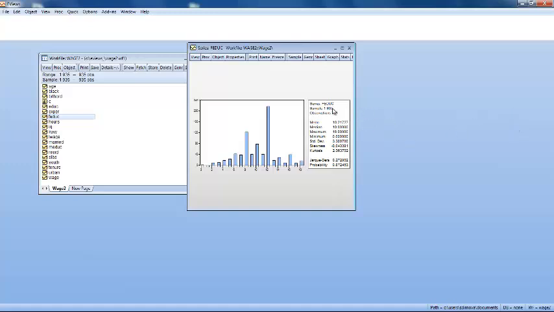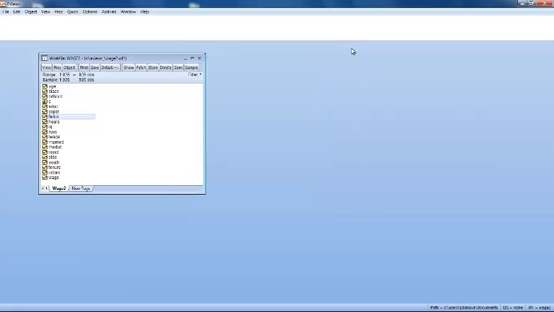For this particular series, we don't see any strange maximum and minimum values, so there is no need to omit any of the variables here.